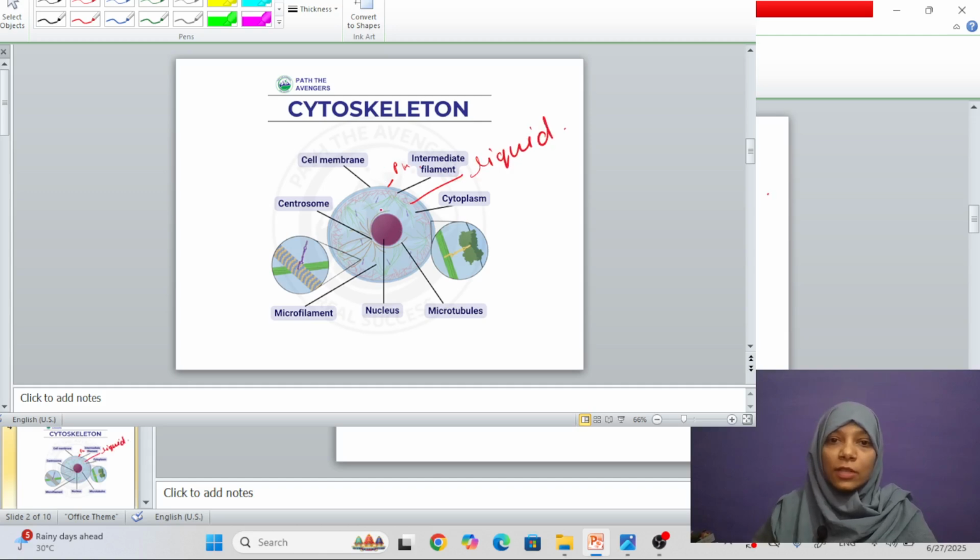This cytoskeleton is made of fiber-like structures and gives shape to the cell, like the pillars and TMT bars we use for making a house. These are the pillars of the cell membrane.